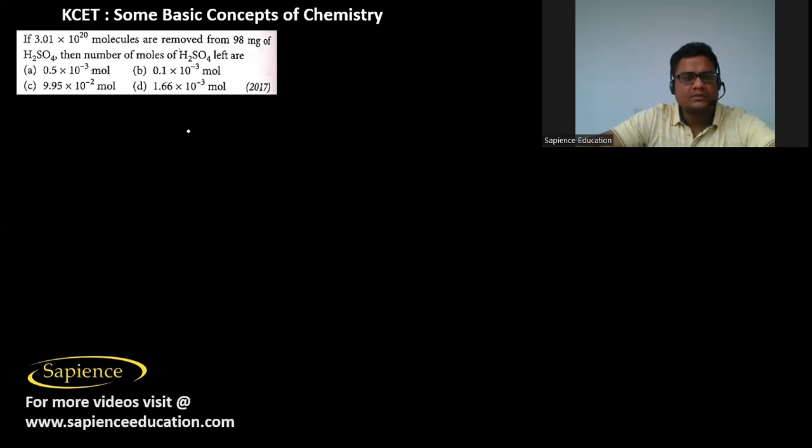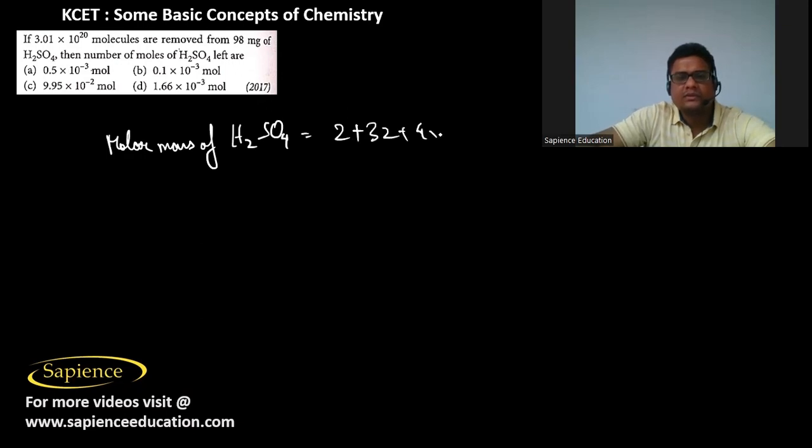Then here it is told if 3.01 into 10 power 20 molecules are removed from 98 milligram of H2SO4, the number of moles of H2SO4 left are. Now we have to find the molar mass of H2SO4. Molar mass of H2SO4 will be equal to 2 plus, for sulfur it is 32, plus 4 into 16, that is 64.